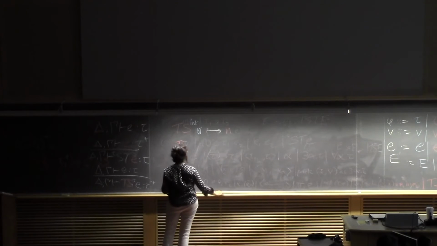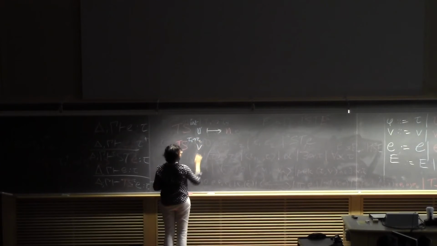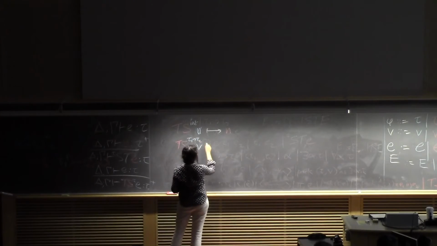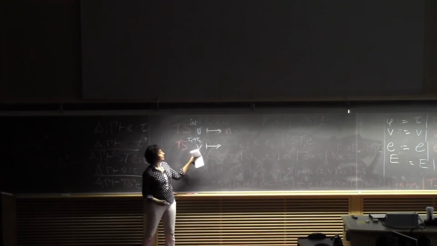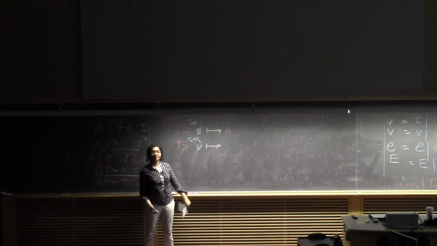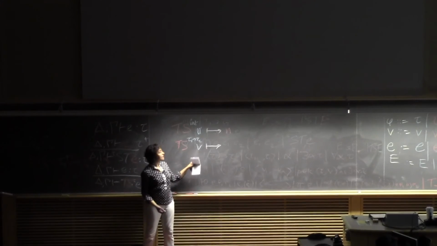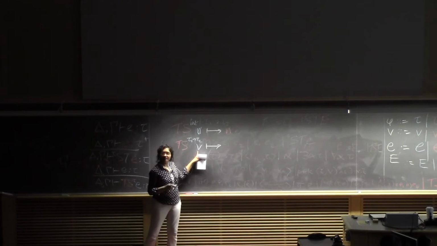TS of a tau 1 or tau 2. Same exercise again. This is a function. I'm not writing it out as a lambda, but that's what it's going to be. It's a function of type tau 1 or tau 2. By the way, this is going to be a blue lambda.